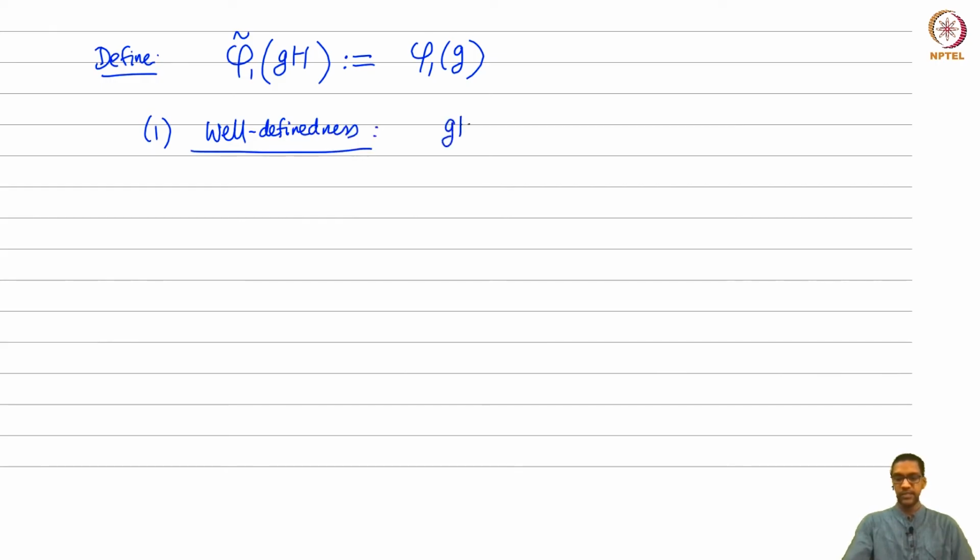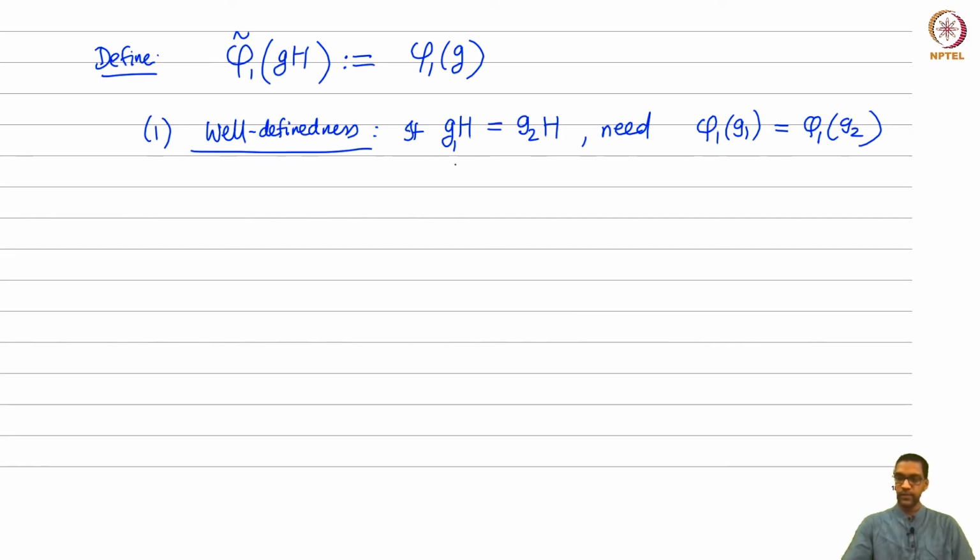It says that if the same coset has another representative, so suppose g1 and g2 are two representatives for the same coset, then let's see what would have happened. We need to show that whether you use g1 for your definition or g2 for your definition, the answers are the same. So phi 1 of g1 should be the same as phi 1 of g2. Okay, this is what I need to prove, but let's see.